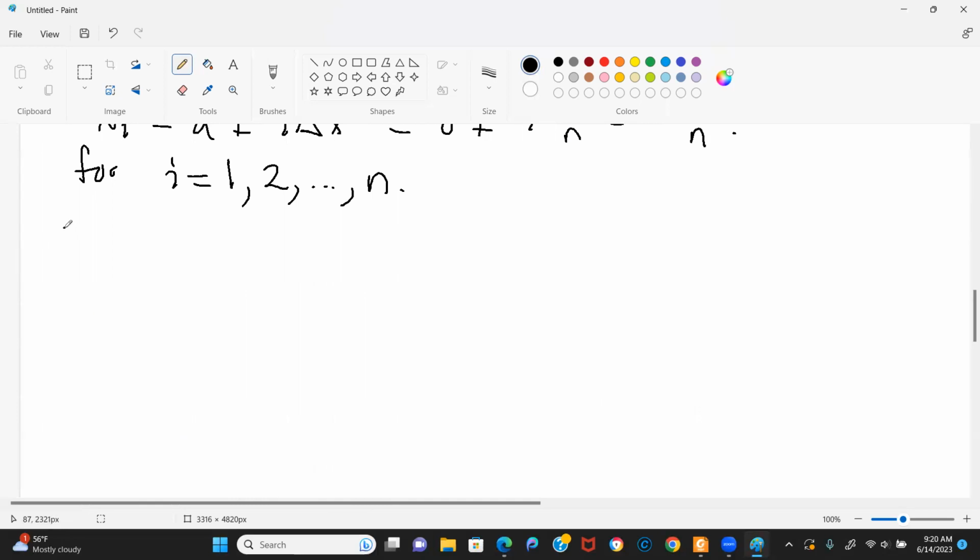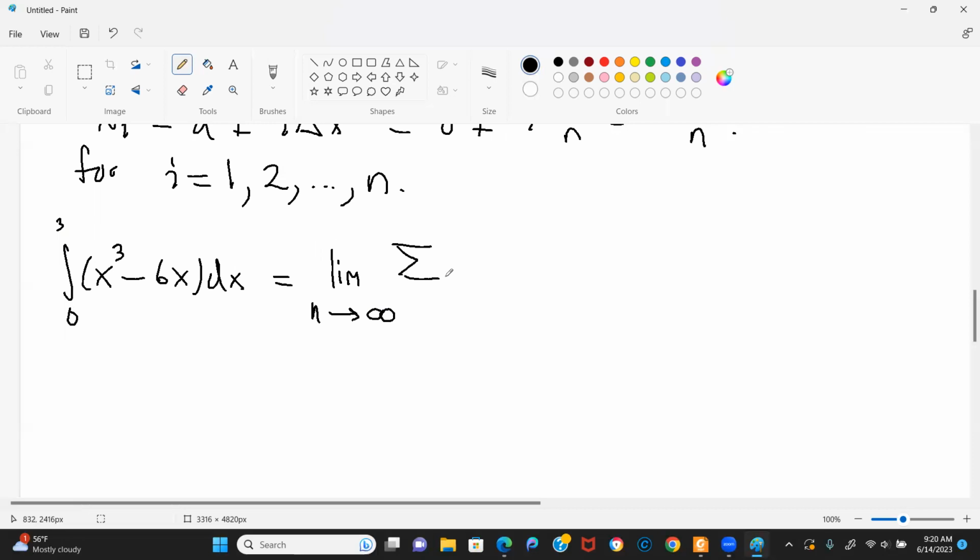All right, so now, just by the theorem, we can say that the integral from 0 to 3 of x cubed minus 6x dx is going to be equal to the limit as n goes to infinity of the sum as i goes from 1 to n of f of xi delta x.